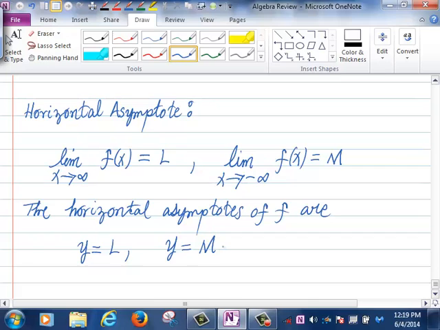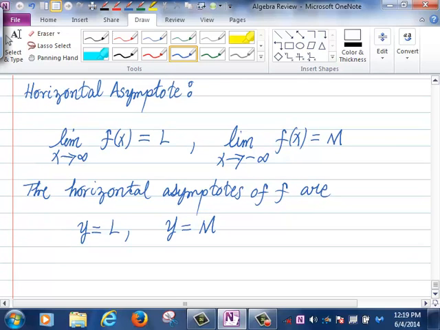If the limit of f at infinity is L, then I have a horizontal asymptote at height L. If the limit of f at negative infinity is M, then I also have a horizontal asymptote at height M. Let me explain what we mean by this with a couple of examples. Let me know if you're done writing it down. Are you done writing it down?